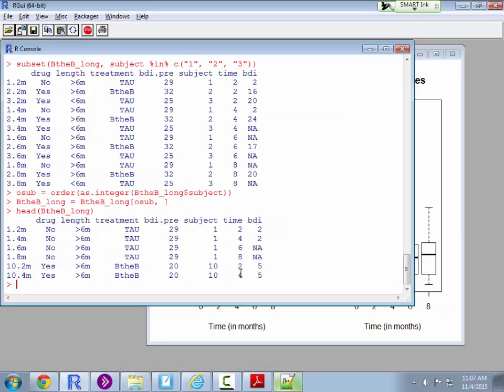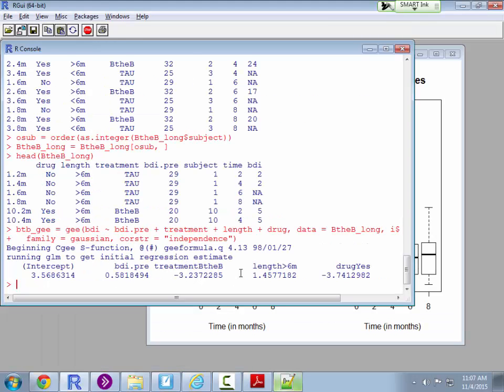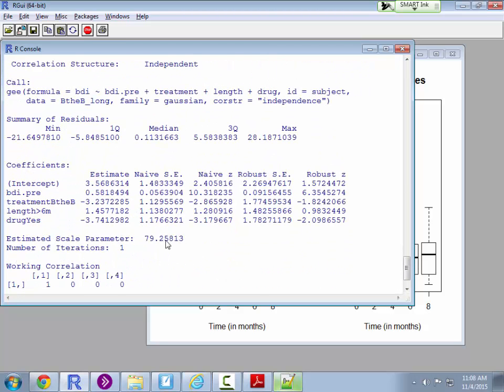Okay, what do we get? That particular model, I assumed independence, and I'm going to rely on the robust standard errors from GEE. Here's the output. We have a statistically significant baseline effect. We have a marginally significant drug use effect.